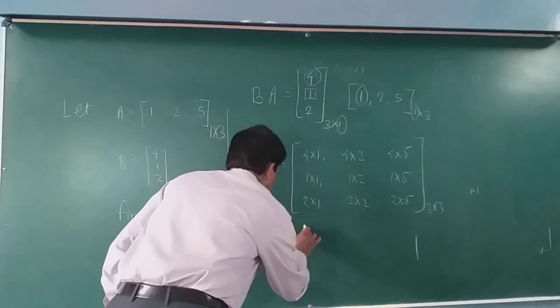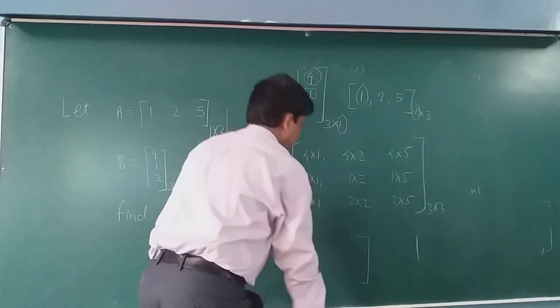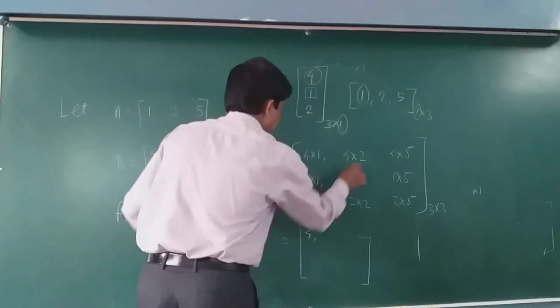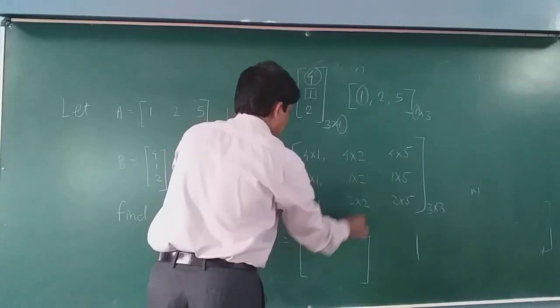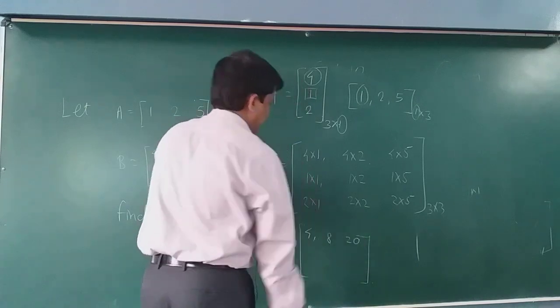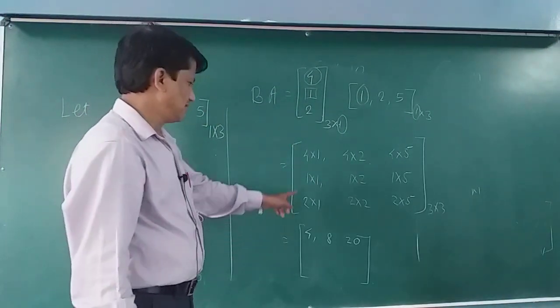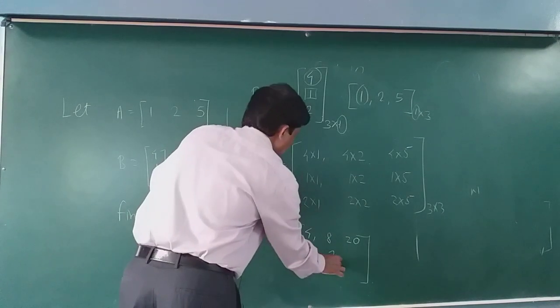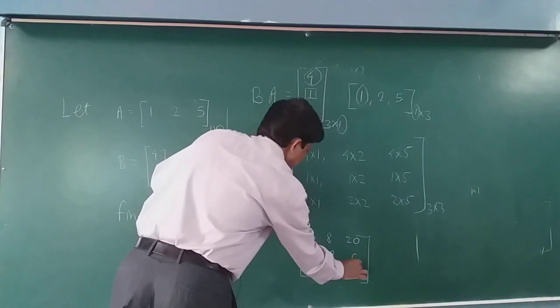So what will our answer be? 4 into 1 is 4, here 8, here 20. Here 1 into 1 is 1, here 2, here 5.